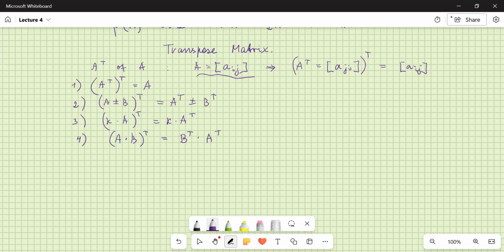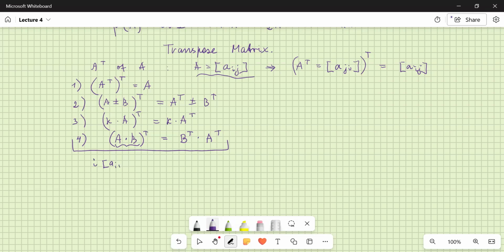Why does it happen? I'm going to prove it a little bit. This property, I'm going to prove. You will not need to prove it yourself, but I'm going to just show why it works. So when we do the product of matrix A and B, we are going to get an element of the product. We are going to take one row of matrix A, which is going to be the row i, right?